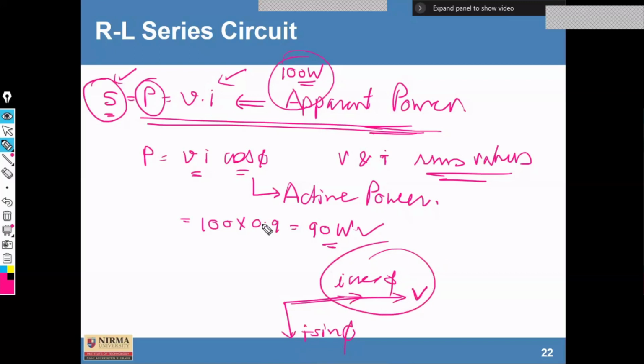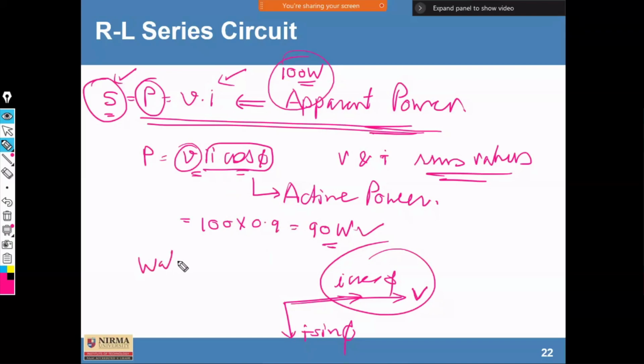In such a situation, you can say I cos phi and the product with V are both in phase with each other, and this component is known as the wattful component, or active component.